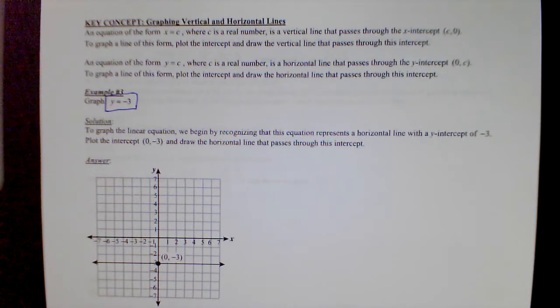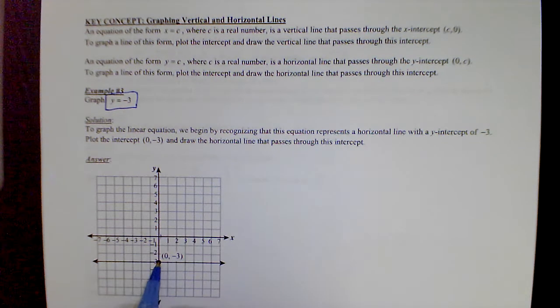And to know which line it is, just think intuitively. If y is -3, then you can go down to where y is -3 and plot a point. And then if y is always -3, your only choice is to either move to the right or to the left.